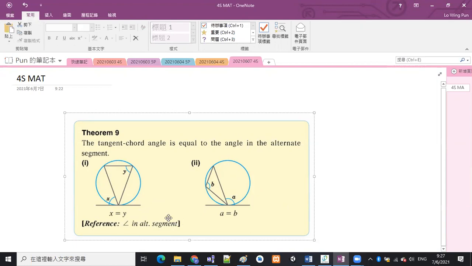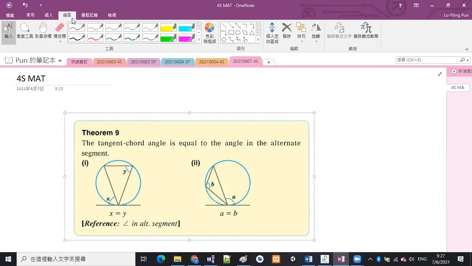Angle in alternate segment. It's like this. In a circle, we have a tangent like this, and if there's a straight line, a chord, this is the tangent. 我慢慢畫一次俾你睇下，你跟我呢度。A tangent to the circle, and if we have a chord here, then we will have an angle between the tangent and the chord.